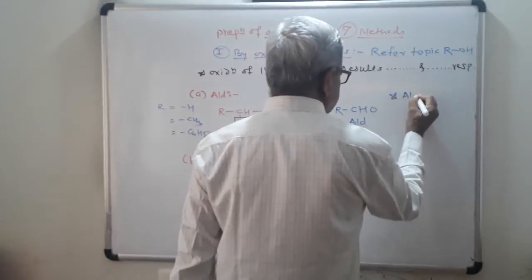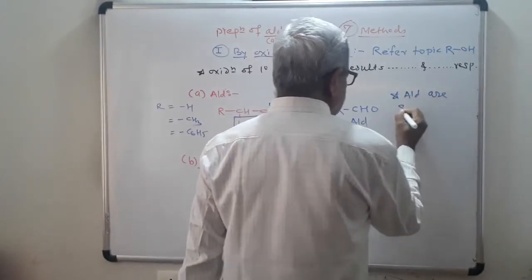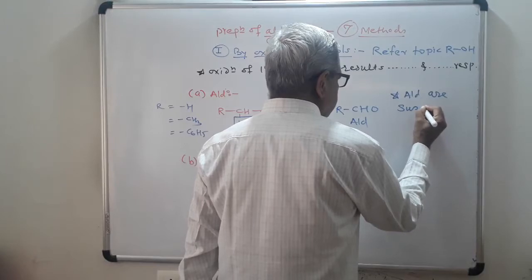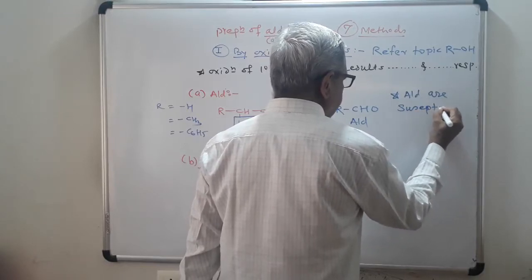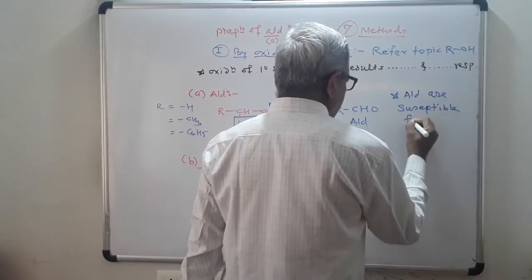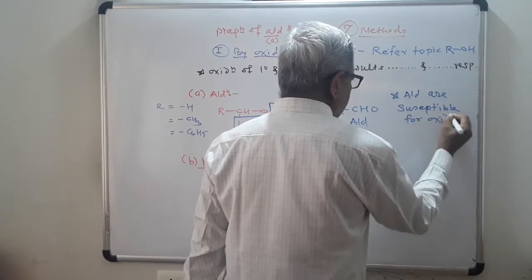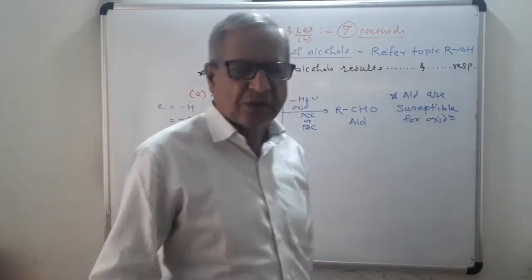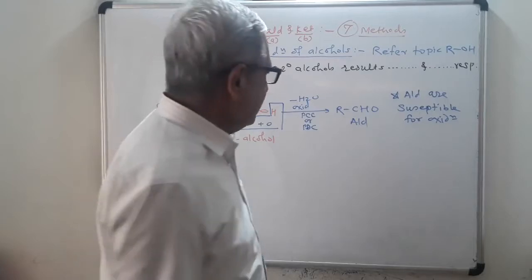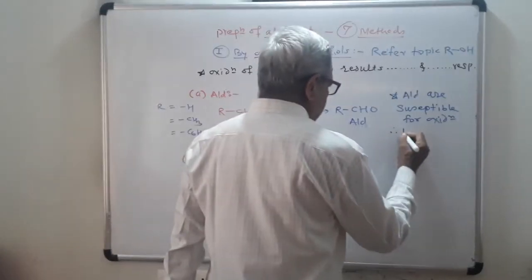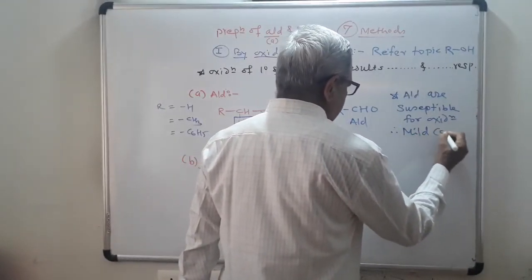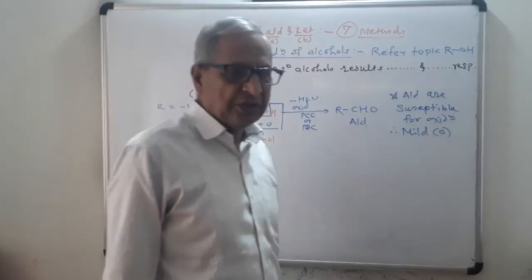Aldehydes are susceptible to oxidation, that is, they will readily undergo oxidation with the corresponding oxidizing agent. Therefore, we must use a mild oxidizing agent such as PCC or PDC.